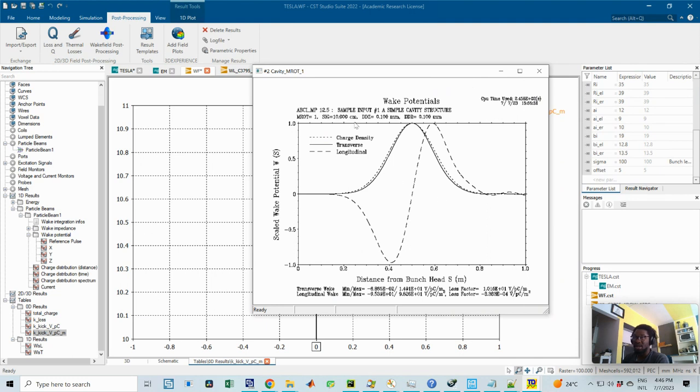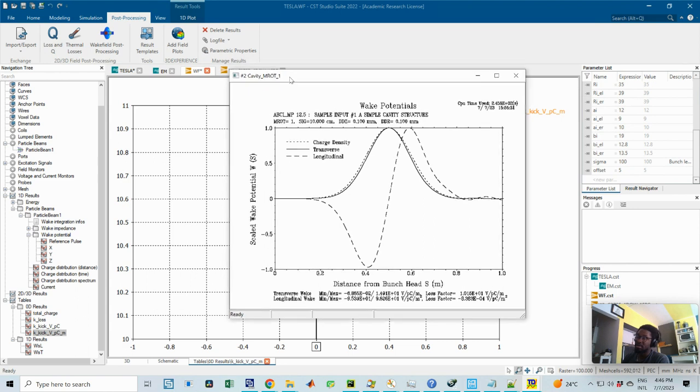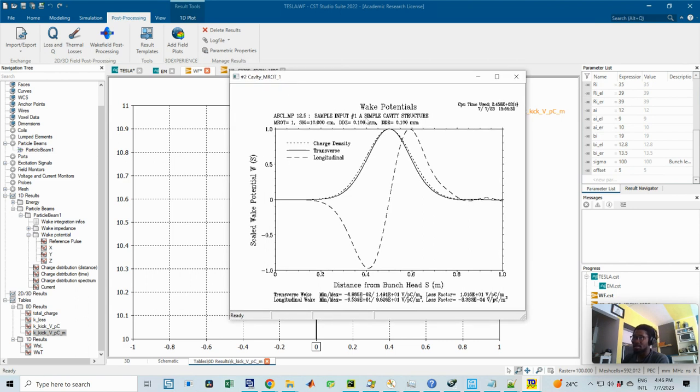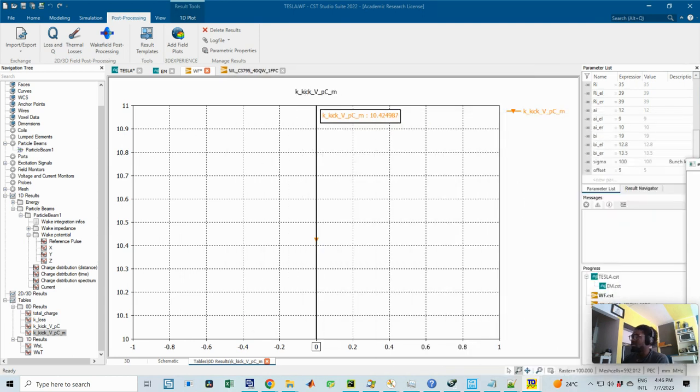Now I don't know which one is more accurate, but I think if you refine your mesh for CST, maybe you would get closer to this value from ABCI. Or maybe this one is more accurate because the mesh is already pretty dense, currently 592,000 mesh cells.